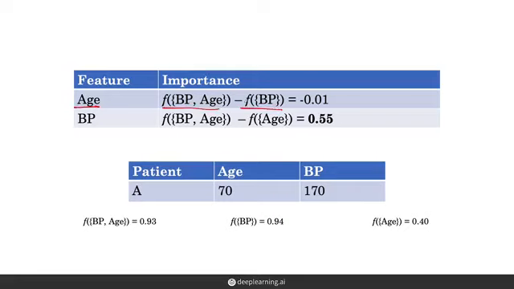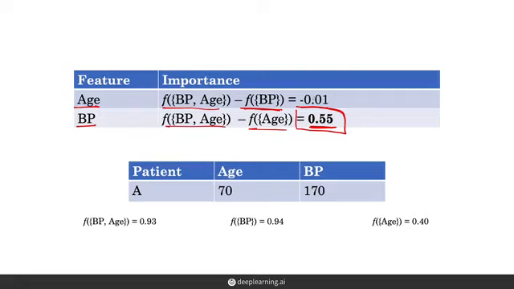So for age, we have the full model minus the model output that doesn't contain age, and that difference is negative 0.01. Now when we remove BP, the model output changes by 0.55. Thus, the importance of BP is much higher for this patient than the importance of age.